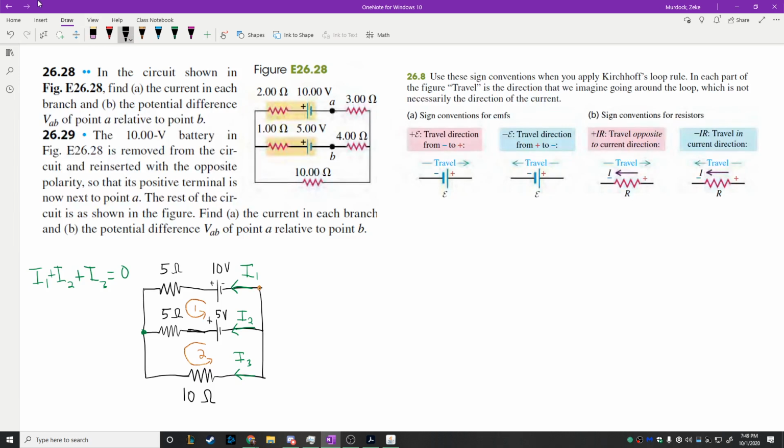You should get positive 10 volts. This is going to be for loop 1. 10 volts. We're going in the same direction as the current, so you get minus 5I1. We loop around to here. Now we're going against the current, so that makes us plus 5I2. And then negative 5 volts here.